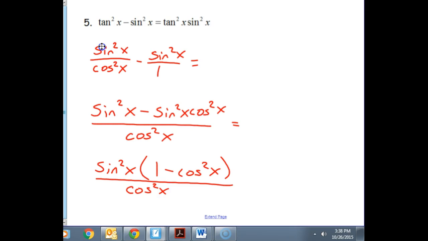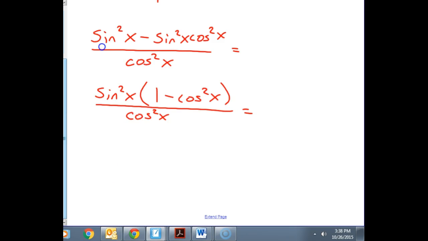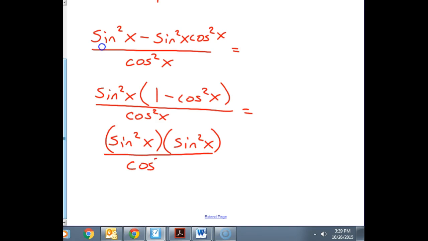Well, what is 1 minus cosine squared x? That is sine squared x. So this is sine squared x times sine squared x over cosine squared x. Remember, always keep your goal in mind. What was our goal? Tangent squared x times sine squared x.